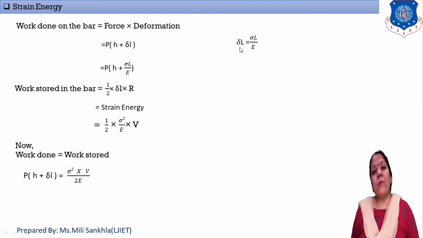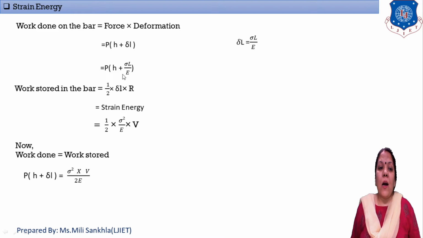Now, as in the first derivation of gradual load, we find the value of delta L, and this delta L is equal to sigma L by E, because ultimately delta L is equal to PL by AE, and we can also write it as sigma L by E. Now work done is P into h plus delta L, with delta L equal to sigma L by E. Work stored in the bar is equal to 1/2 R into delta L, and this is our strain energy.